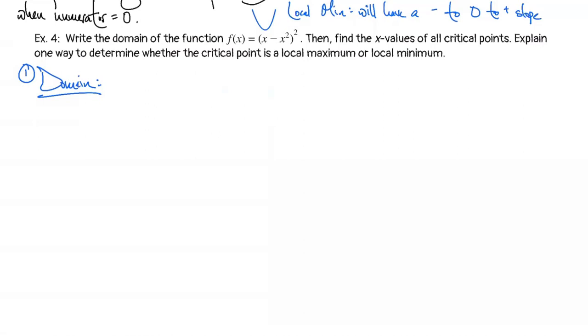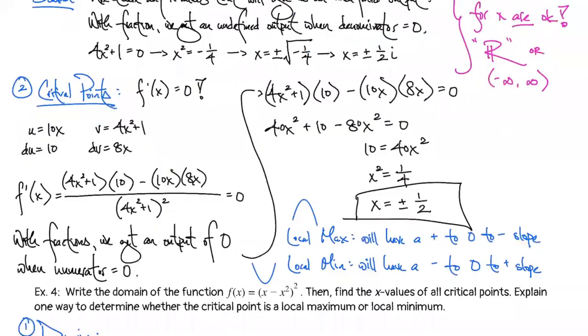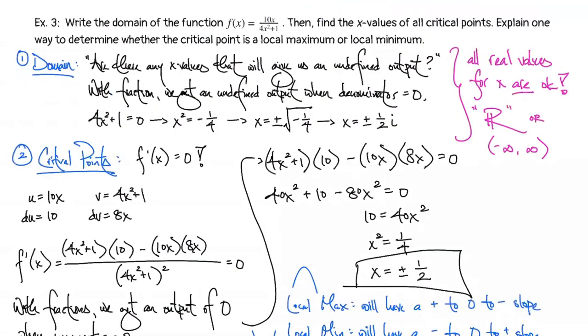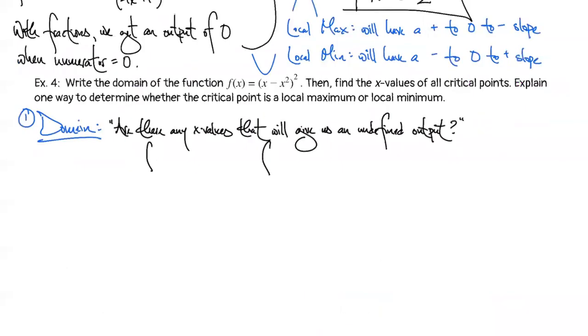All right, so let's ask ourselves the same question that we asked ourselves earlier, which is, are there any x values that will give us an undefined output? All right, so when we look at this, our gut instinct, do we have one?